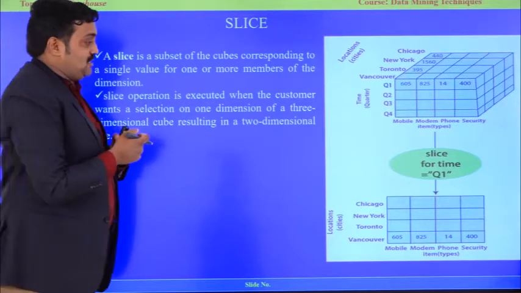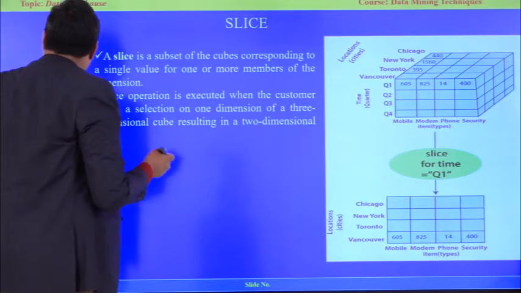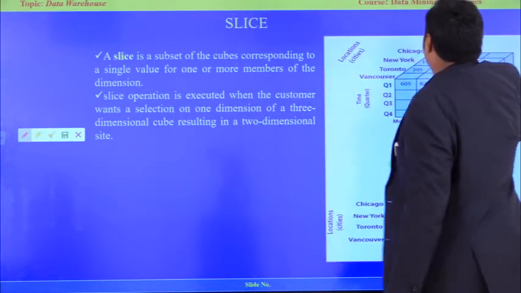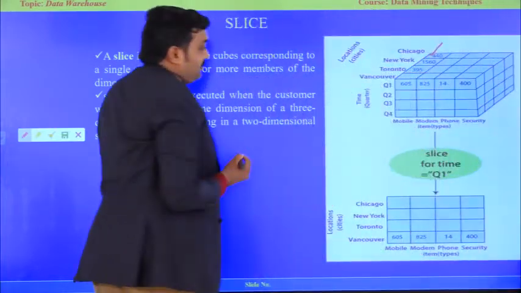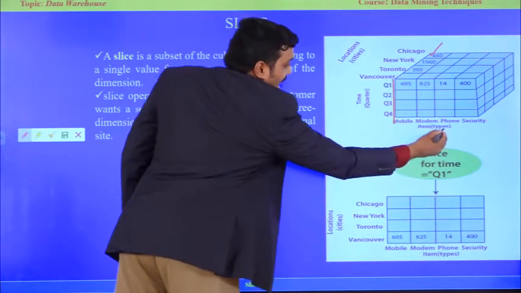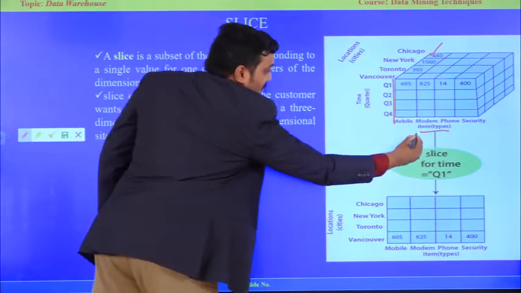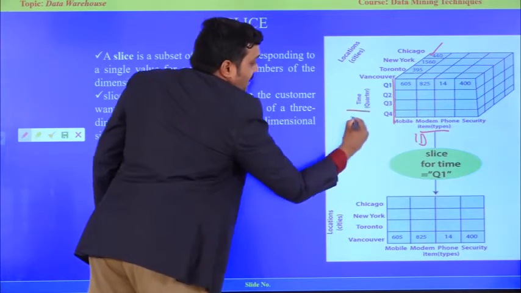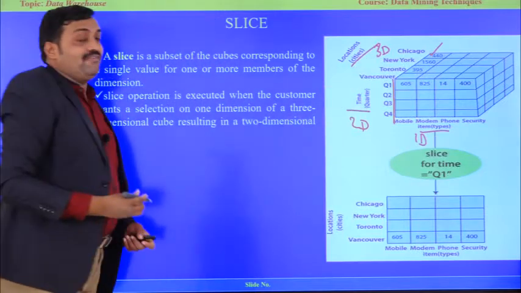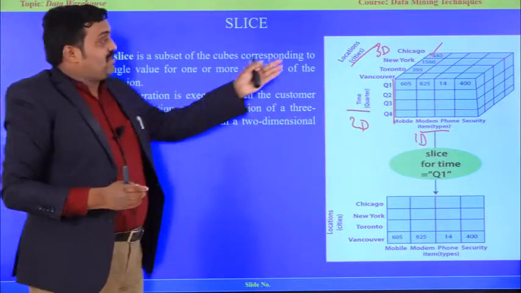First operation, slice. As I already said, we have multidimensional data: 3 dimensions, item type as the first dimension, time as the second, and location as the third. That means we have 3-dimensional data in terms of a data cube.